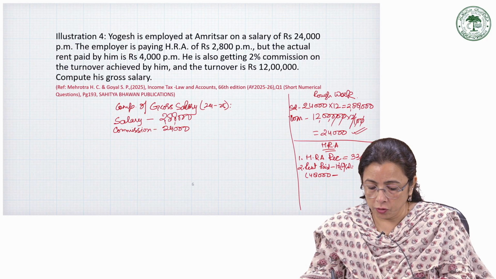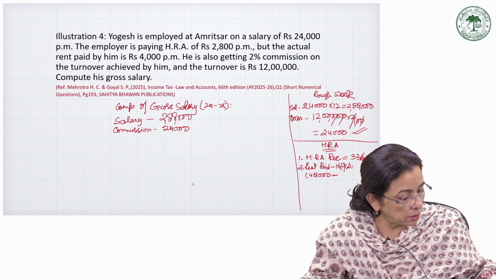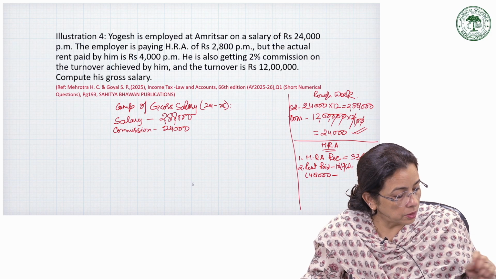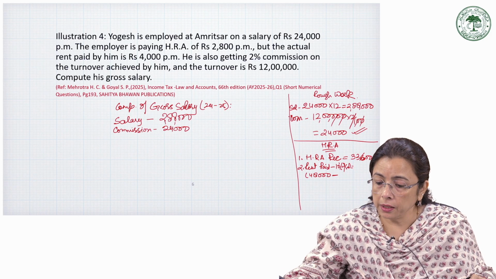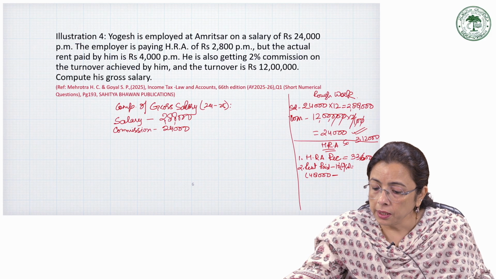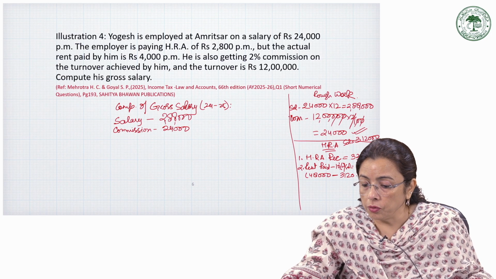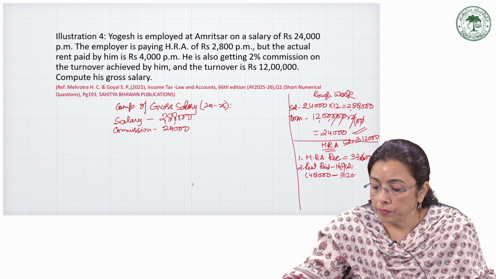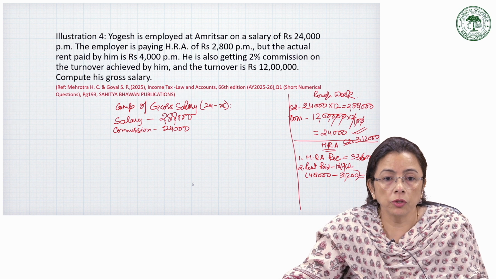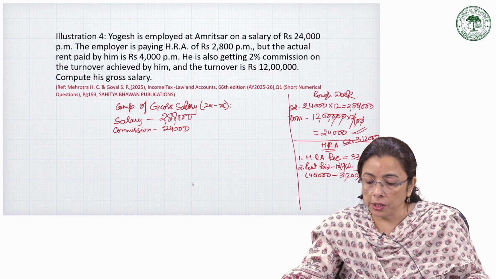Let me use the calculator here: 2,88,000 plus 24,000, we get 3,12,000 as the salary for the calculation. So 10% of this is 31,200. The difference between the two is 16,800. So this is the second figure.